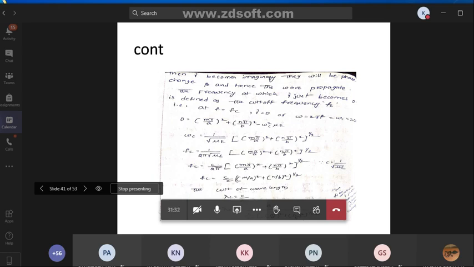So fc equal to c by 2 pi times the same expression. Cancel the pi terms, then you will get the cutoff frequency fc equal to c by 2 into ((m by a) whole square plus (n by b) whole square) whole power 1 by 2. That is the cutoff frequency.